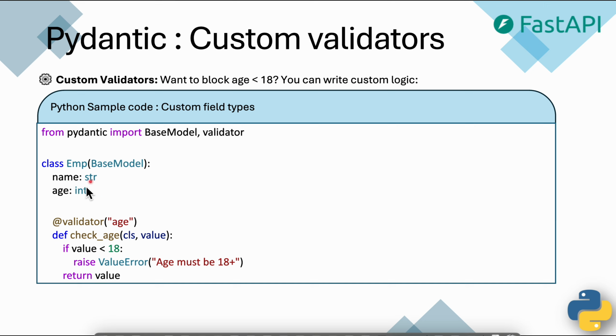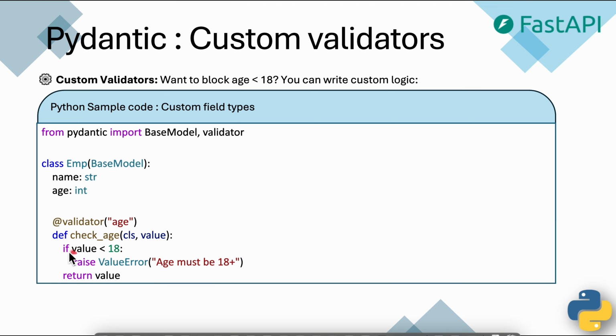Name is defined as a string, age is defined as integer, and it has one member function, def check_age, with two arguments, cls comma value, and it is decorated with @validator of age. You are trying to validate the age attribute, and what we are validating is, if the age value is less than 18, raise ValueError, age must be 18 plus.